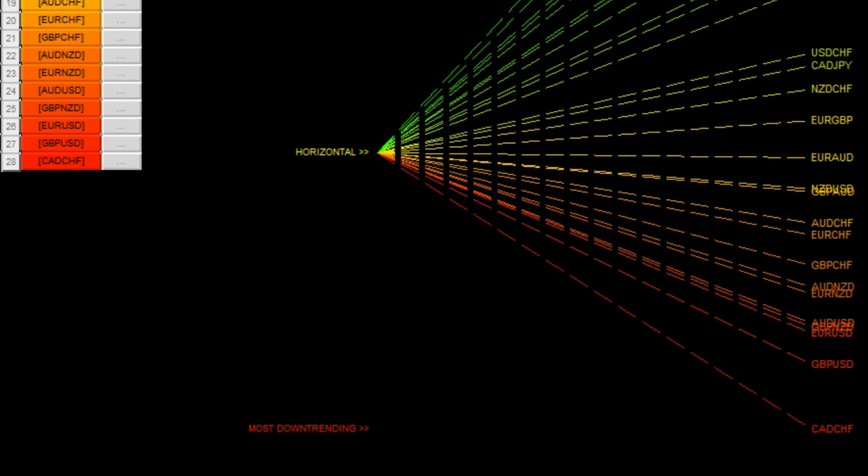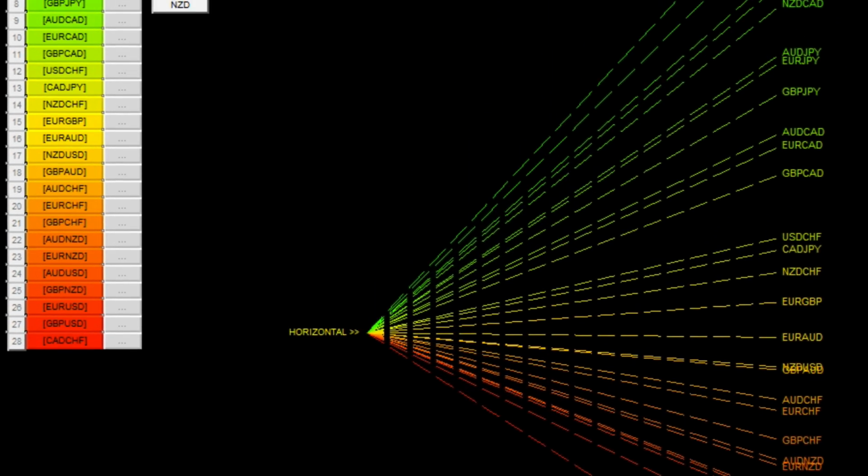The same color graduation applies to the array itself. It's important to note the yellow levels are not precisely in the middle, but clustered around the midpoint. The gradation of color is dynamic, and hence the transition of colors will depend entirely on the steepness of the trend of each currency pair.